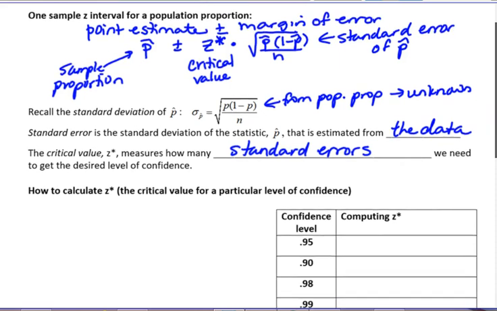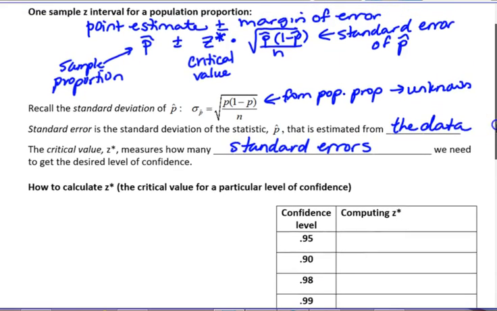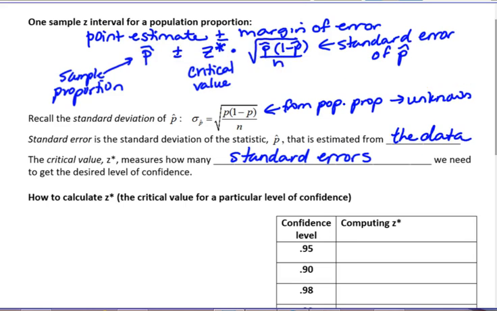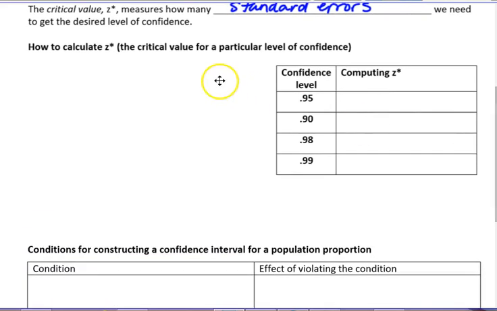Now, how do we get the critical value? That's the first piece. We pretty much know how to do these other two things. We've done those before. But how do you get this critical value? The critical value is a particular z-score that cuts off a confidence level that I want to get. So, for example, if I want to do a 95% confidence interval, then I want this area in between these two cutoff points to be 95%.